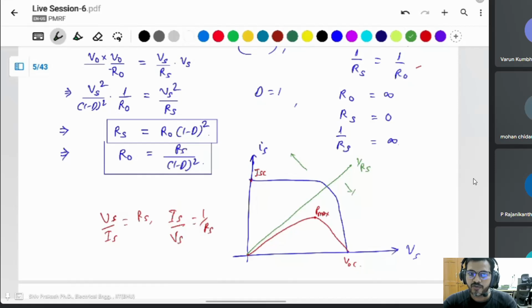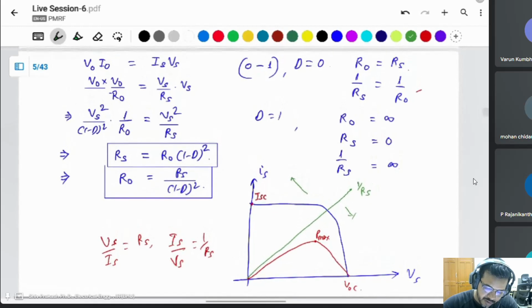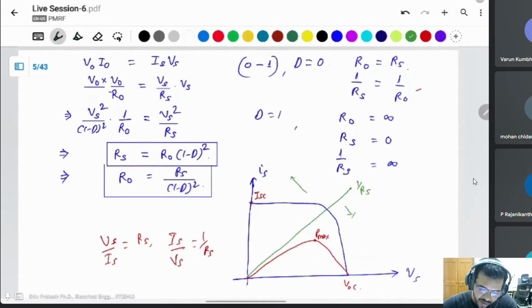That duty cycle will be found from the MPPT algorithm. From the algorithm, it will be found where the source resistance is equal to the load resistance. It will vary, but from where to where? It varies from 1 by R naught, to where 1 by Rs is infinity. Here is the infinity.